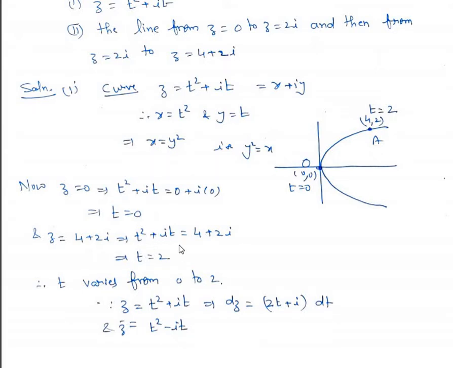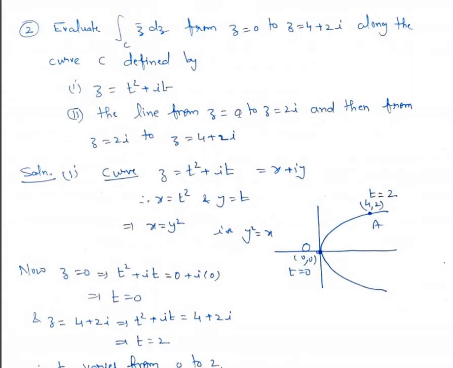So, therefore, t = 2 is a value which satisfies both the equations. So, t varies from 0 to 2. And because z = t² + it, differentiating with respect to t, we get dz = (2t + i) dt. And z bar is t² - it.